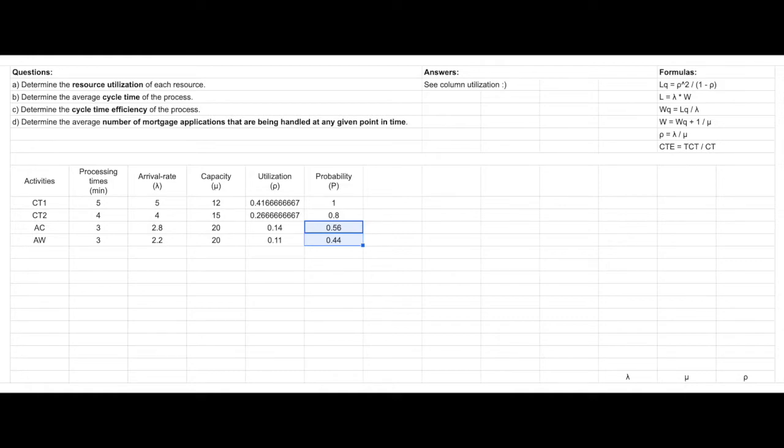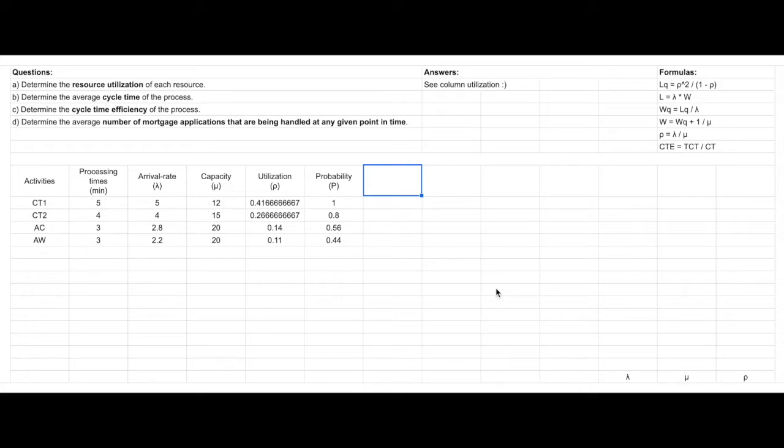Now, let's calculate the system time for each activity. The system time is the concept from queuing theory that we can use to determine the average cycle time.